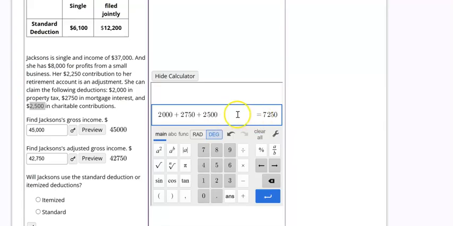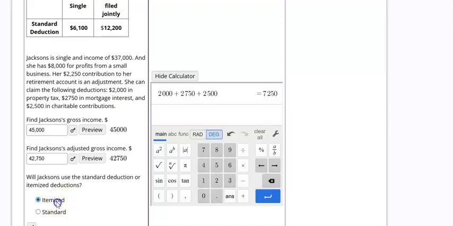So she has an itemized deduction of $7,250, but her standard deduction is $6,100. So she's basically using the itemized deduction because this is higher. Remember, which one, standard or itemized? You can say, okay, need to use the itemized deduction because it is larger. So you use itemized here.